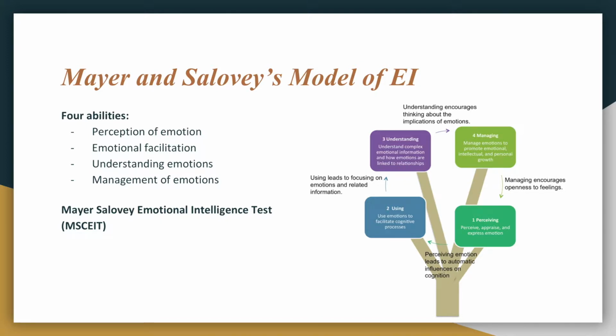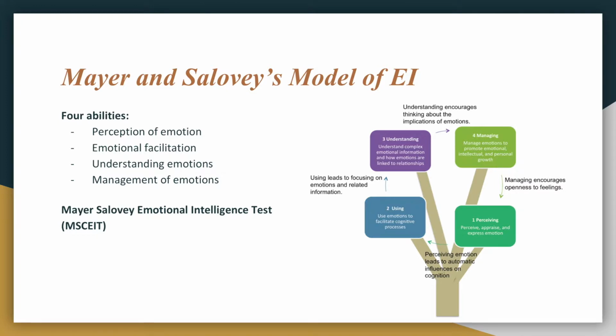The model is composed of four different abilities: the perception of emotion, which is the ability to perceive emotions in yourself and others; the emotional facilitation, which helps thinking in three ways: for signaling important changes, for changing mood to see situations in different ways, and to facilitate different types of reasoning; the understanding emotions, which is the knowledge of emotions and how they blend to create new ones over time; and the last ability is the management of emotions, which is the ability to manage your own emotions and the emotions of the people around you.